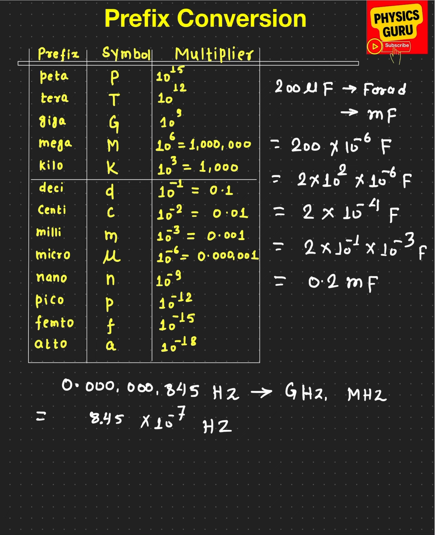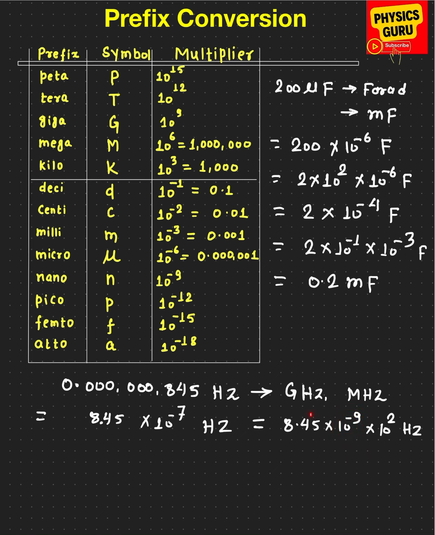And if I have to convert into gigahertz, how do I do that? So what does the giga stand for? The giga stands for 10 to the 9. So I have to do a little bit of math here. 8.45 times 10 to the negative 9, and I'm also going to use 10 to the 2 hertz. Why do I do it this way? The reason is 10 to the negative 9 and 10 to the 2 makes it 10 to the negative 7. And now I have 10 to the negative 9. This means this is the giga.